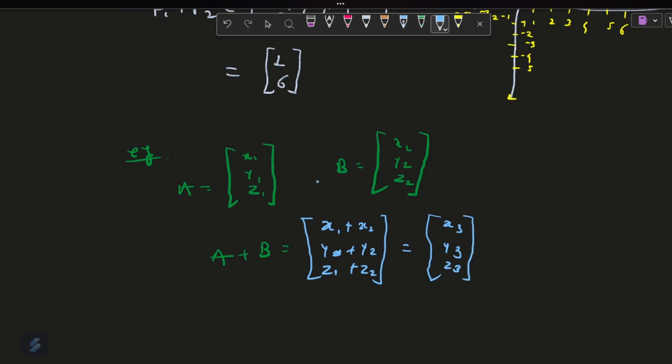This is the vector part. Now we talk about the use cases in machine learning.